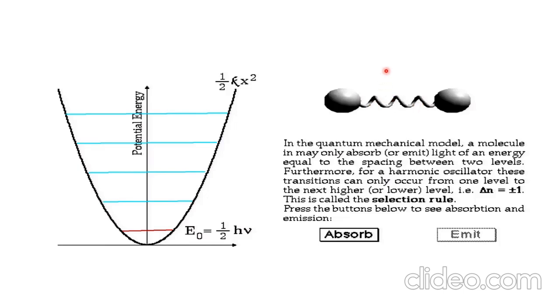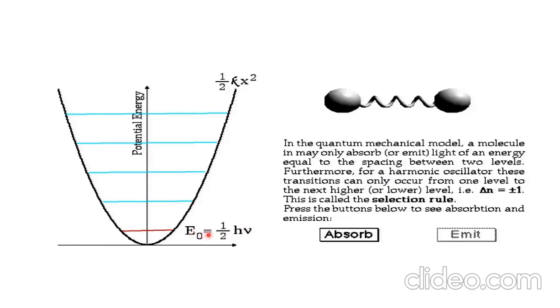It has a certain spring constant k, and if it is stretching, it is moving in some direction x. So this is the formula for that. Potential energy will be half k x squared, and there is a certain amount of zero level energy that is always there in the molecule.